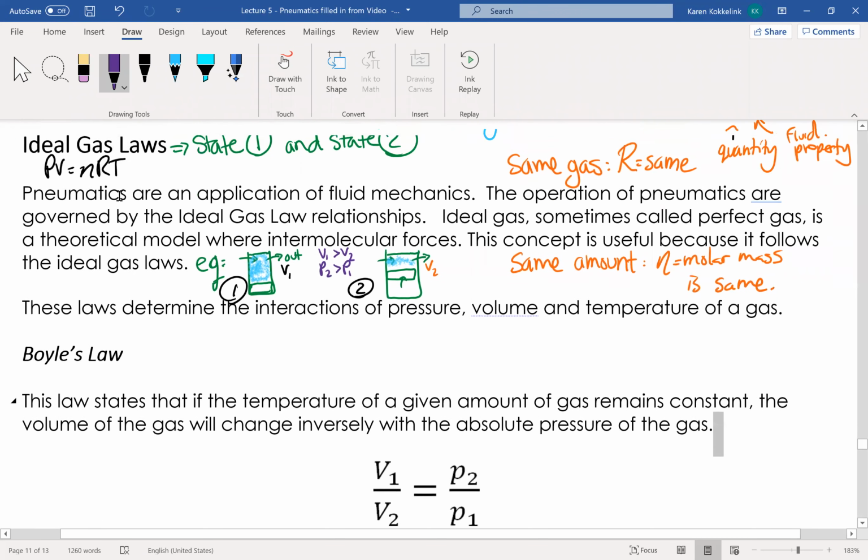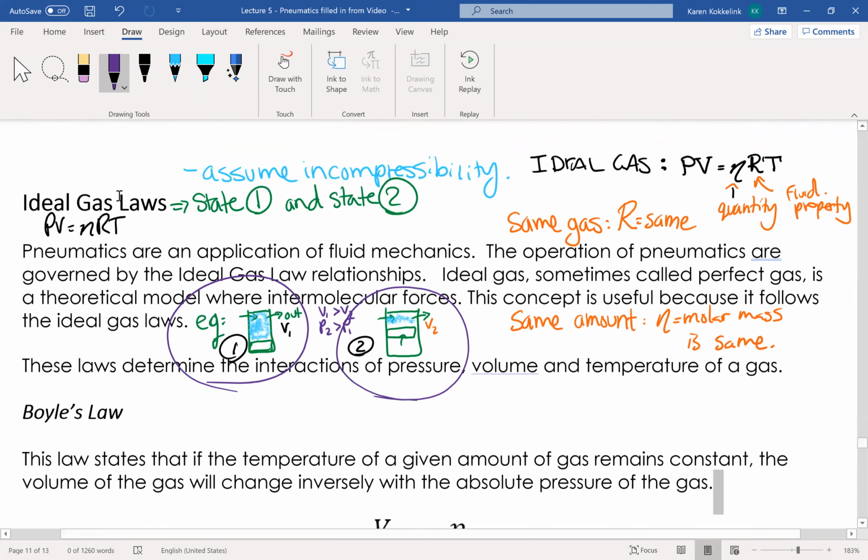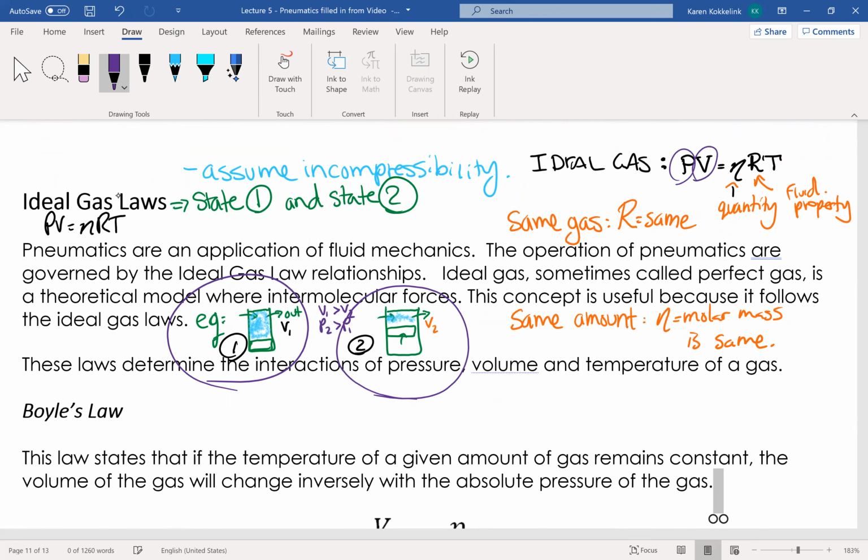What I'm trying to show you is that we're looking at state 1 and state 2, and what happens to pressure, volume, and temperature between them. Because R is a fluid property, and it's the same property. N is a quantity, and it's the same amount of molecules, so they cross out.